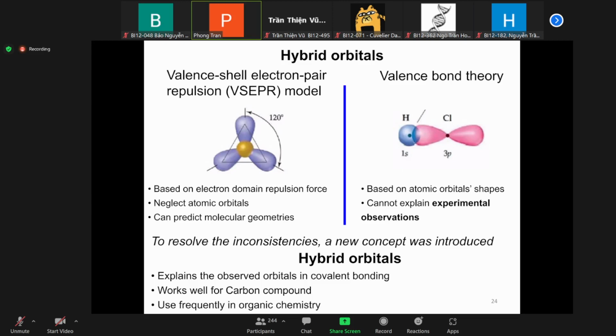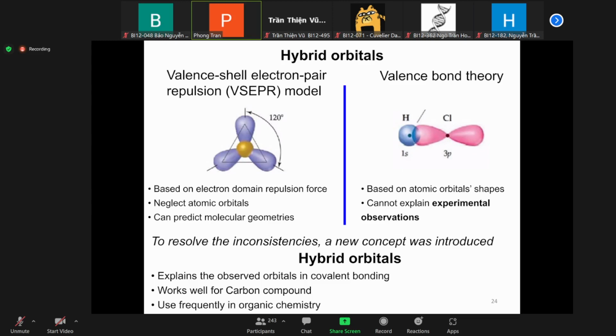We first start with the Lewis structure and calculate the number of electron domains. You can predict the geometry of the whole molecule including both bonding and non-bonding domains, and then we remove the non-bonding electron domains. So you have the final prediction of the molecule. That's a good point.